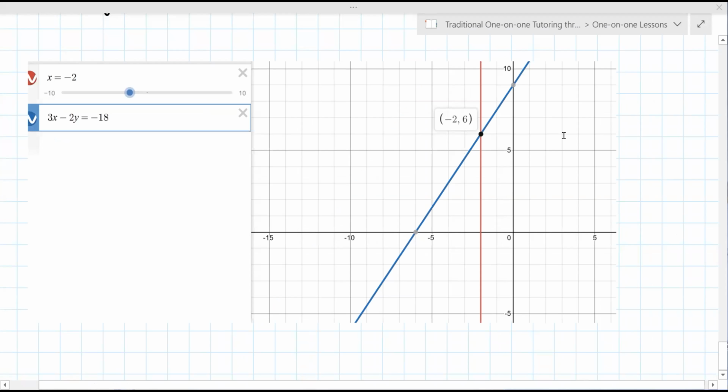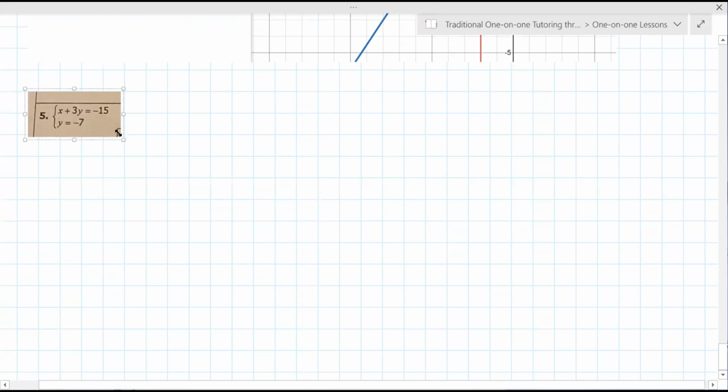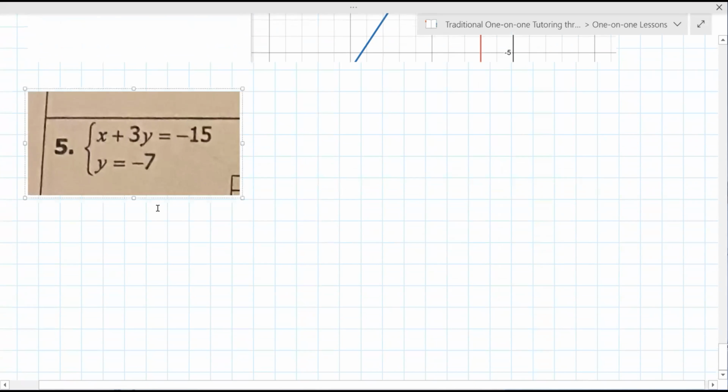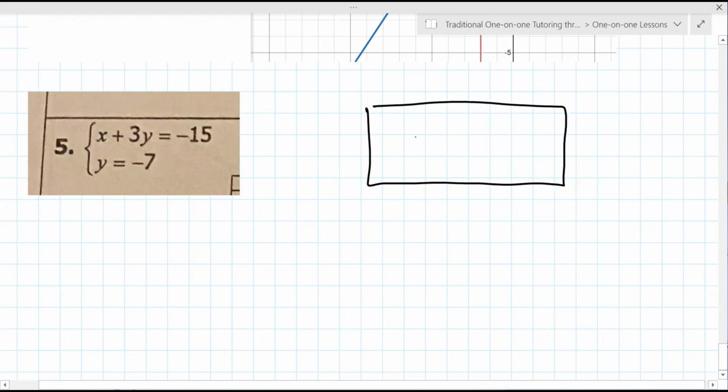So what I want you to do is use Desmos to solve number 5. I'm going to snip that in. Number 5. I want you to use Desmos, and imagine I'm grading this. All I'm checking for is the ordered pair you put in this box.